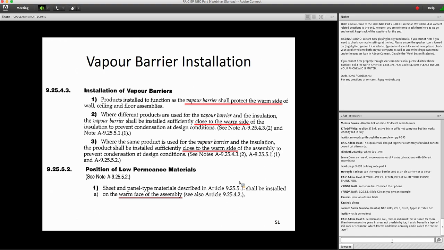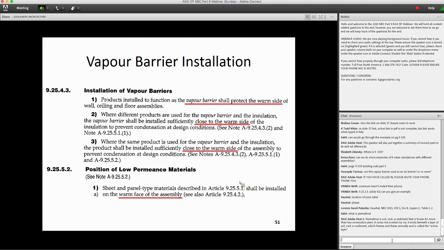So you can use spray foam insulation as the vapor control, but you can also use another product, a membrane, as the vapor barrier, and then use mineral wool or another type of insulation. If you're separating the components, the vapor barrier has to be on the warm side of the insulation. Okay?